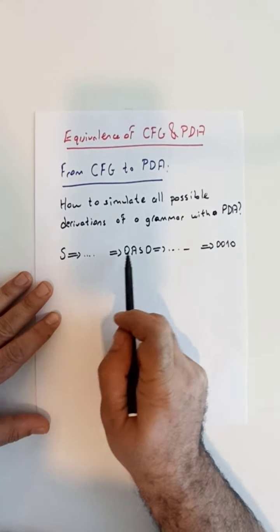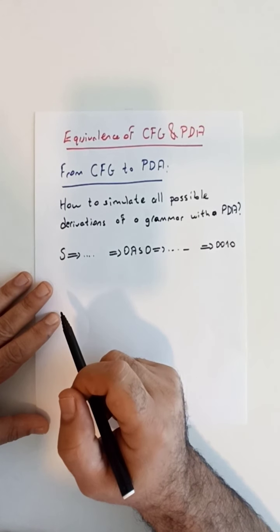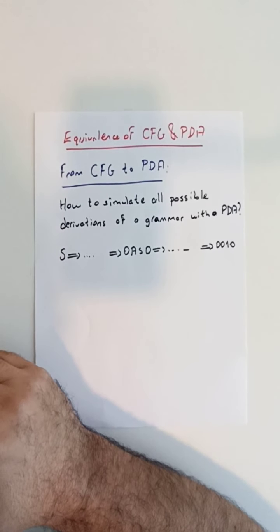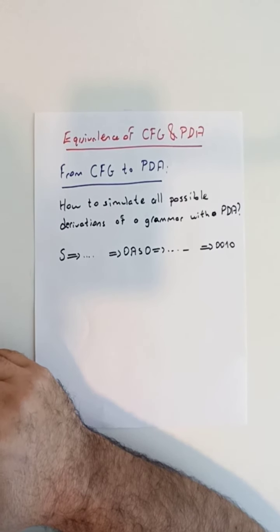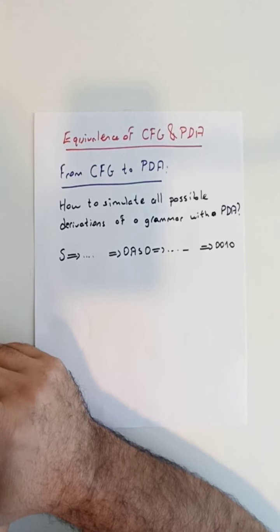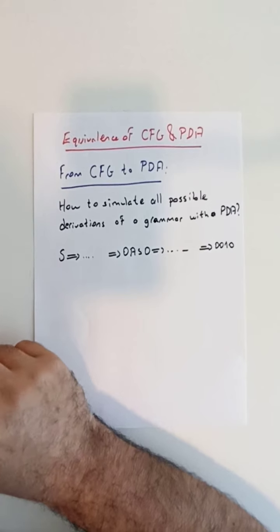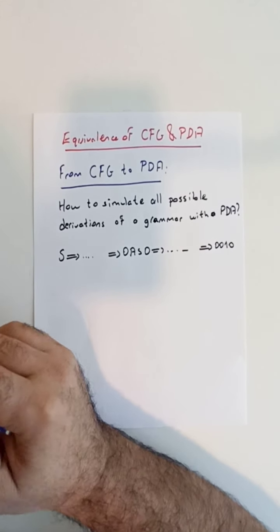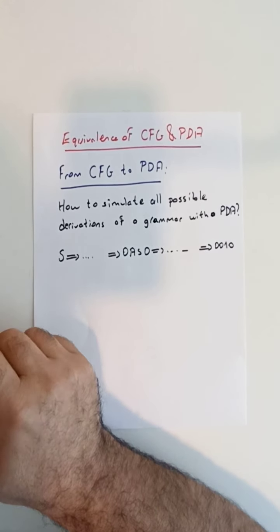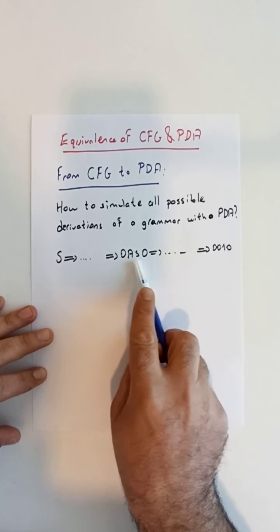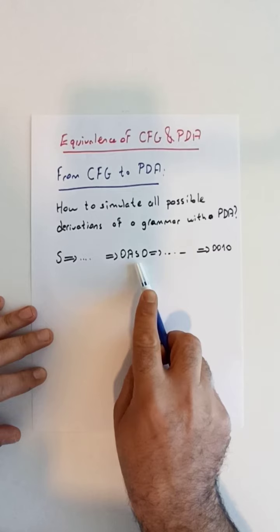So how can we simulate such a derivation sequence? The main idea is to make efficient use of the stack, which is available for our use in the PDA model. What we will try to do is, in the stack of the PDA, keep any intermediate string that is possible in a derivation sequence.